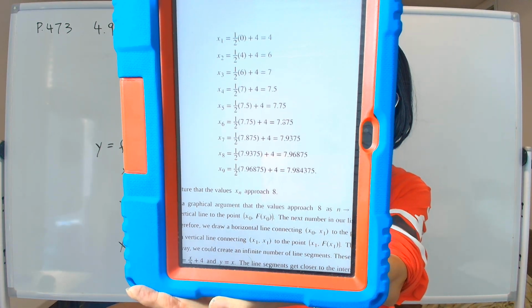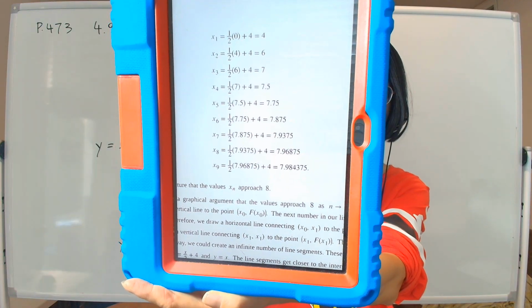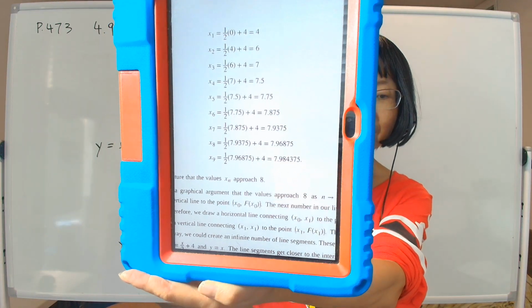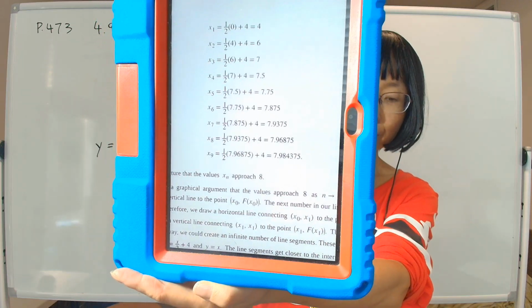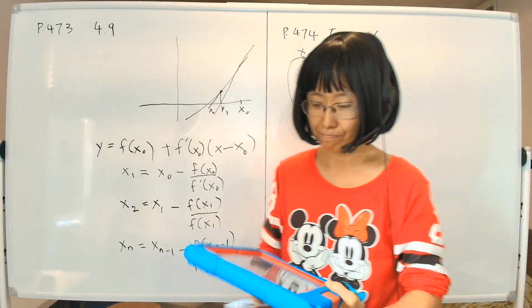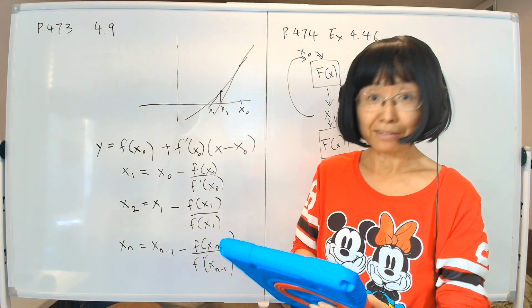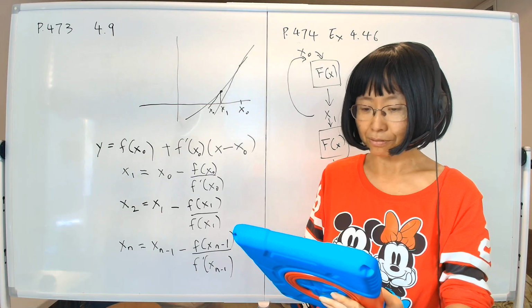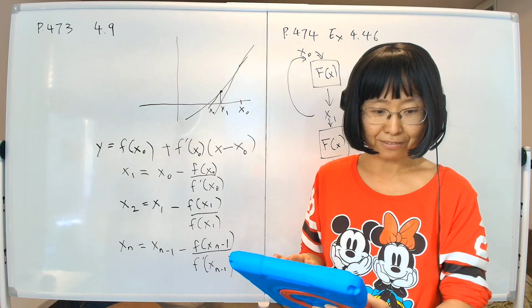Basically, you keep plugging the new value into the function and crank out an even newer value. And as you notice, for this particular function, the value approaches a certain point. It doesn't matter what that point is. The point is, in this particular case, it does approach a point, and that's the end of this section.